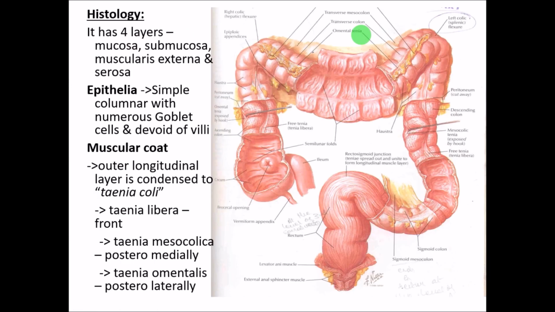So these are the three taenia present in the large intestine. Because they are present throughout the large intestine, they are also present in the cecum. All three taenia come and join at the root of the appendix. So if you want to trace the appendix, trace one of the taenia all the way downwards, and at the junction where the three taenia meet, you can find the appendix.